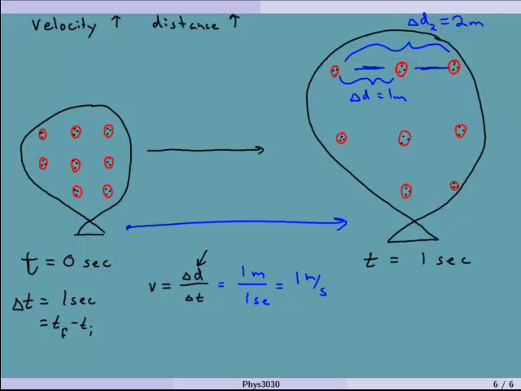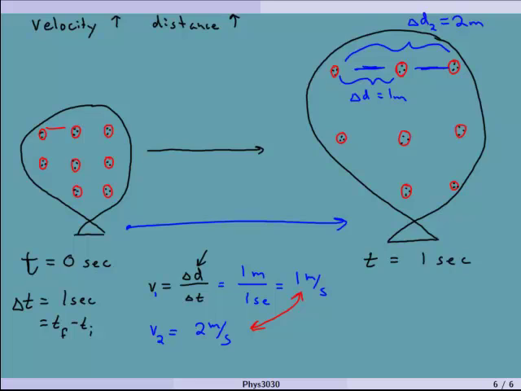That means the distance between the two of them has increased by 2 meters. And so if that's velocity 1, then the velocity between the two further ladybugs is equal to 2 meters per second. Okay. Now, why are these different numbers? Because the ladybugs are further apart from each other. Okay. So this is the idea of the Hubble expansion.